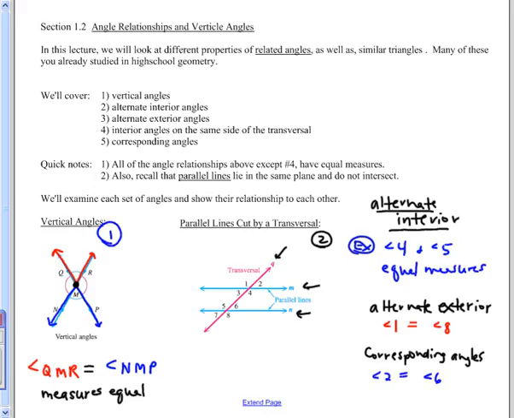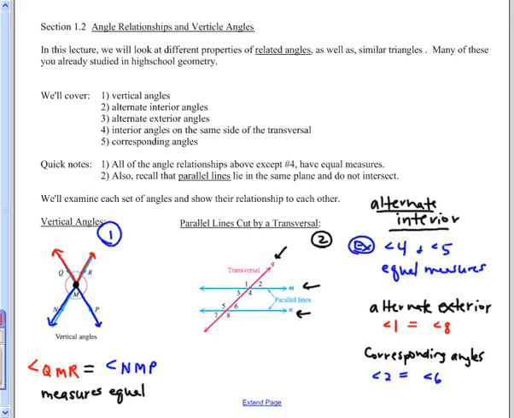They are equal in measure as well, but the reason they're corresponding is because both of those angles sit above their parallel line, and both of those angles sit to the right of the transversal. So they're in the same relative position in relation to those parallel lines and that transversal, and they are equal in measure. Notice all of the angles we've covered thus far: vertical, alternate interior, alternate exterior, and corresponding. All of them have equivalent values when their measures are compared.